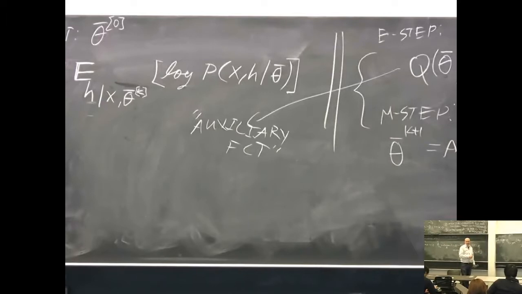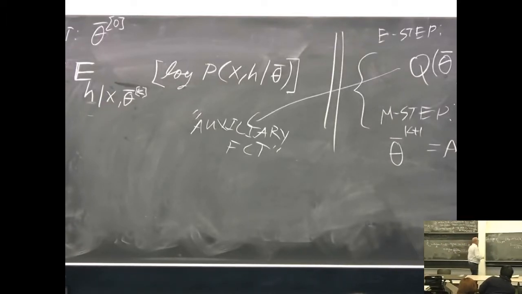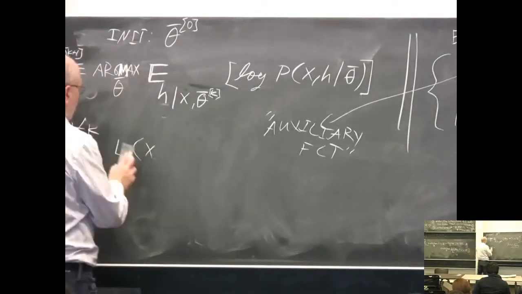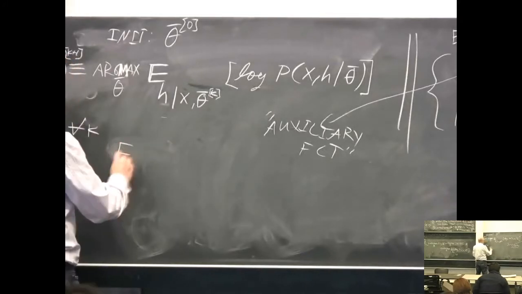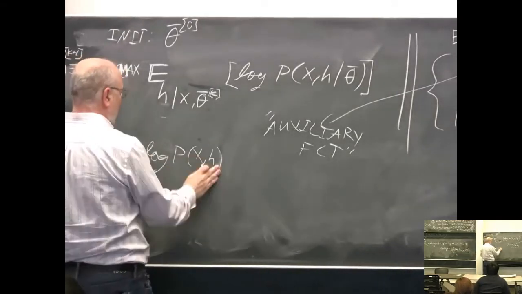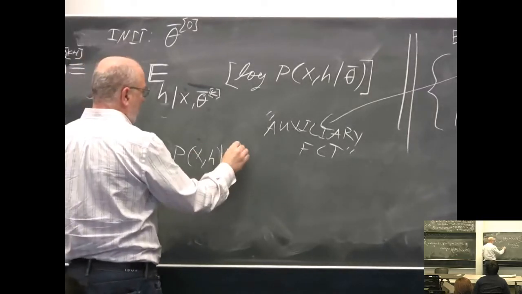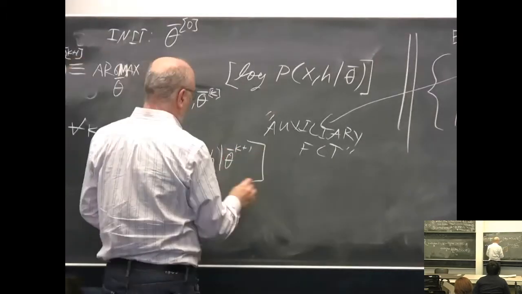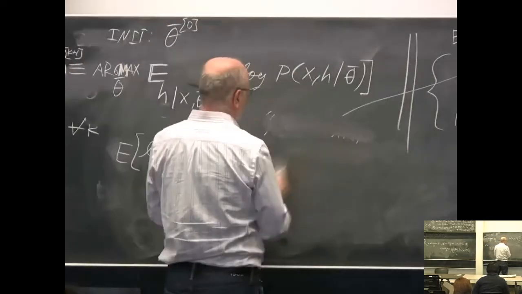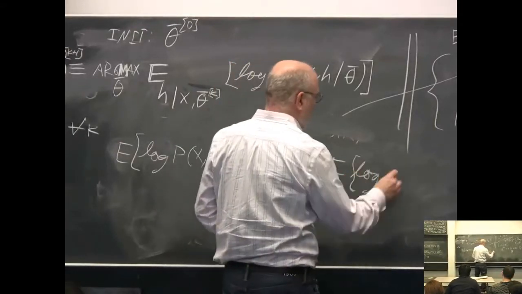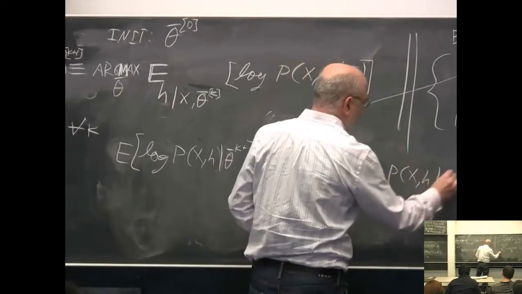What has been proven about this procedure? What's been proven is that for any k, the likelihood of the data, so it's not the likelihood, it's the expected likelihood, expected log likelihood of P of x and h given theta k plus 1, when compared to the same thing for the previous iteration, expected log likelihood of P of x and h given theta k.